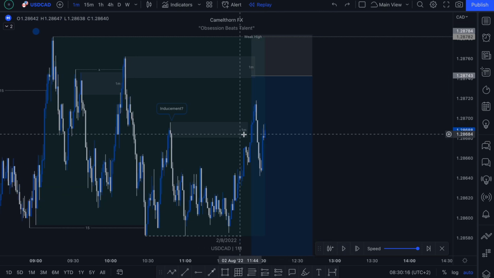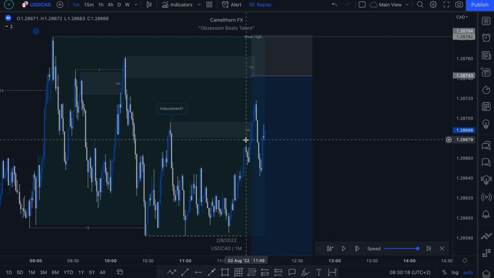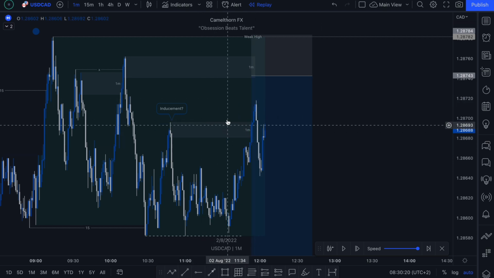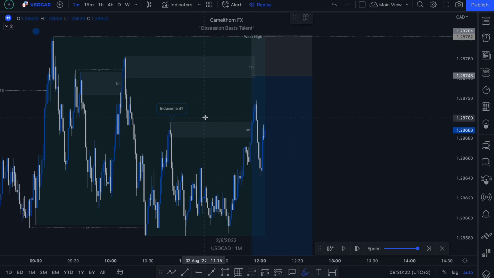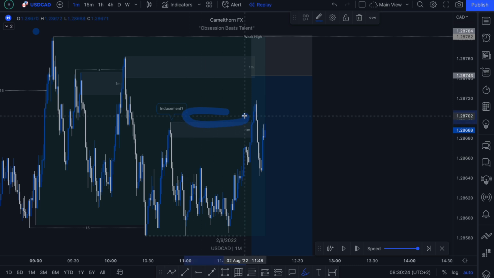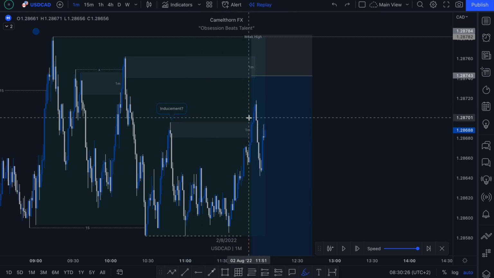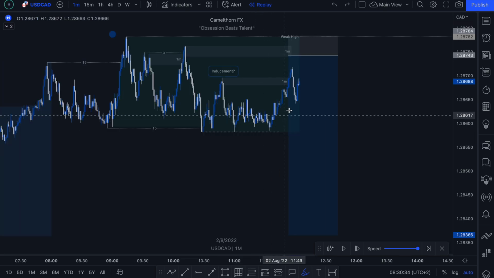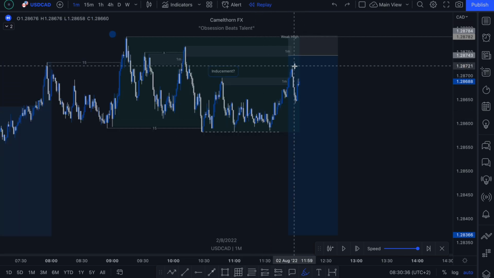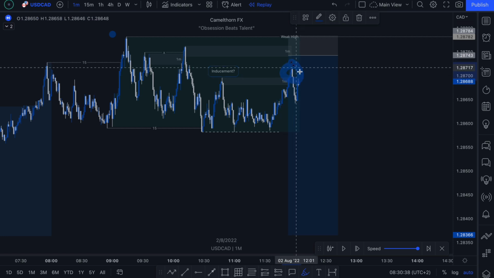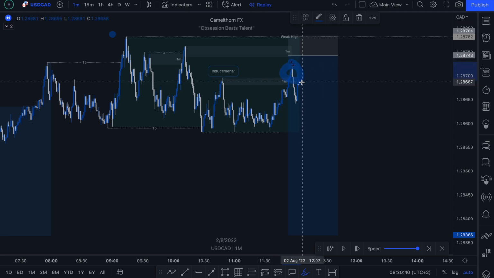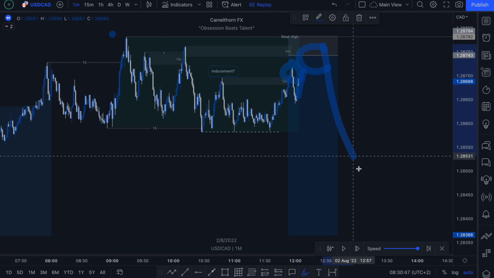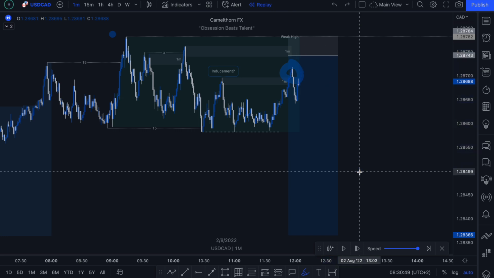So if we allow price action to play forward a little bit more, we've now identified a potential inducement. You can see how price action shoots through that 1 minute. It takes out all of the potential liquidity that would have been sat above here before rolling over. That isn't a coincidence. That is the market bringing more people into this particular scenario, taking a few more orders to produce a little bit more liquidity before the actual move occurs.